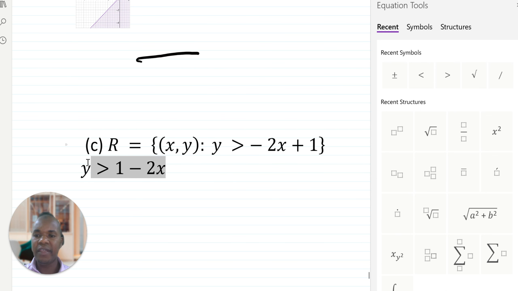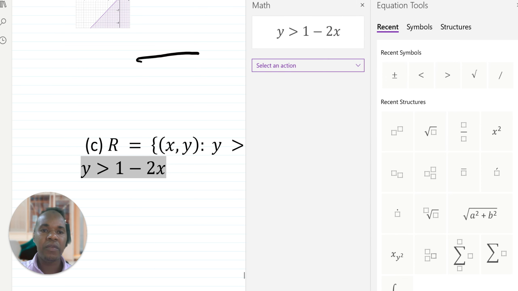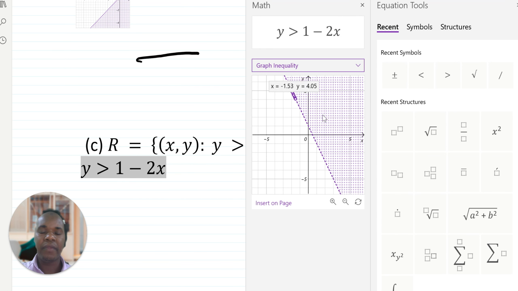With this equation, you see that there is also a dotted line, as you can see, and the shaded region is placed here accordingly.